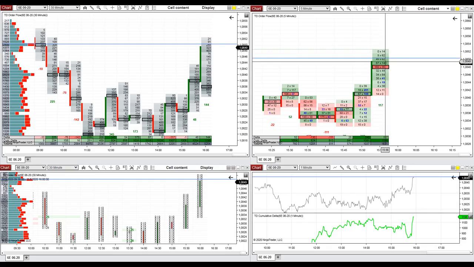Also, I think that in here, those are limit orders, selling limit orders. Seems like the sellers are absorbing the pressure.